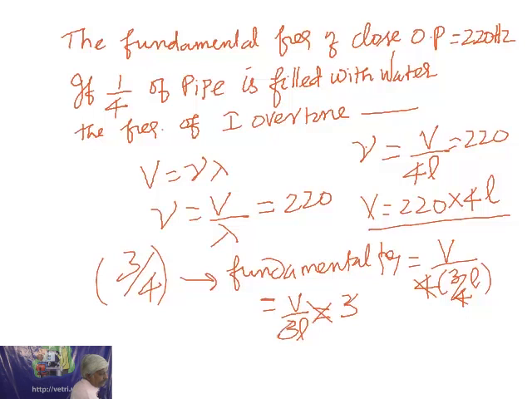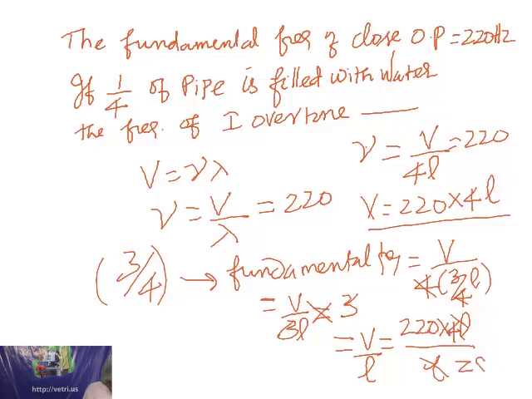So the 3 gets cancelled. Therefore, the answer is V by L. I already gave the V value, 220 into 4L, divided by L. L gets cancelled. 220 into 4, 880. 880 hertz is the answer.